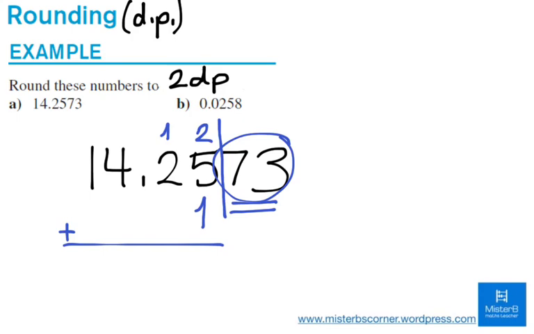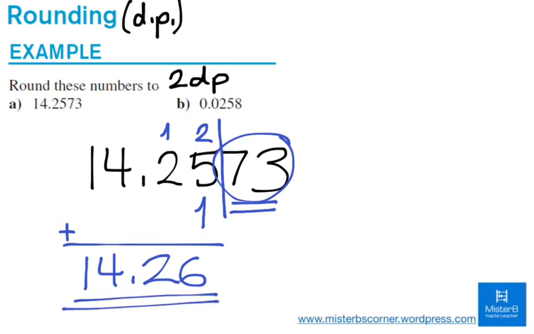So you just add 1 and end up saying that that's going to be 14.26. So that's the rounded form of this number. Now this is simpler compared to the given number 14.2573, and it may be easier to work on this number 14.26. So rounding is really necessary at some point.